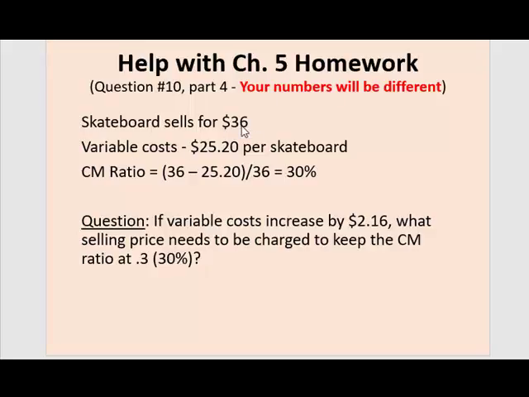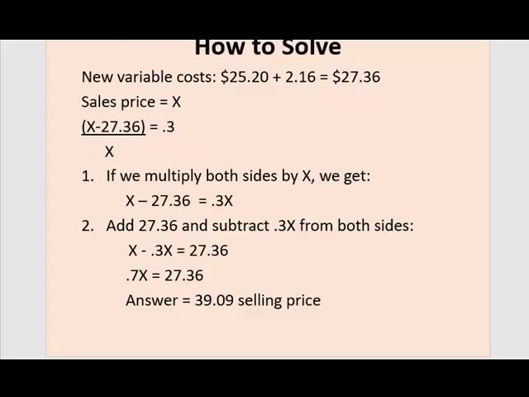And so let's say that this is our original data provided in part 1 of the problem. The skateboard's selling for 36. Variable costs now are $25.20 per skateboard. And CM ratio with these figures is 30%. So here's how we would figure out what sales price we need to charge in order to maintain the same CM ratio even with the increase in variable expenses.